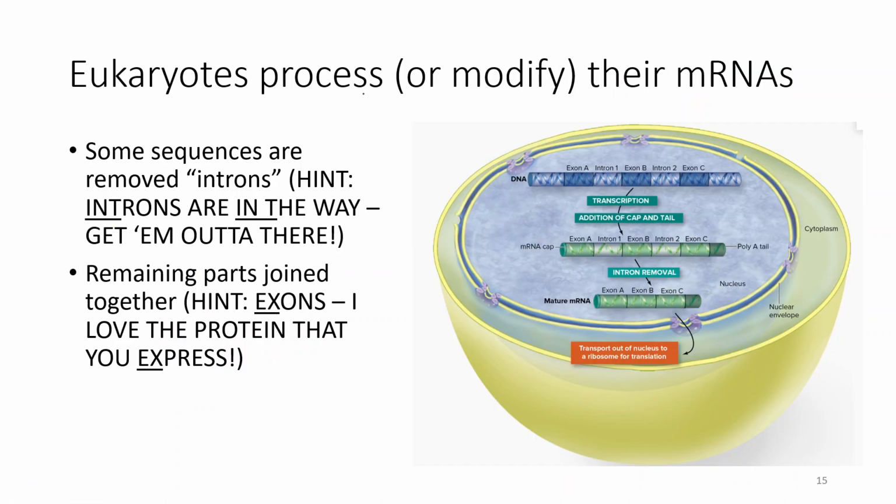Okay, in eukaryotes, we end up doing some RNA processing. This can also be called splicing. So what happens when we process mRNA is we are taking out some of the mRNA and leaving other parts. These two sections are called introns and exons. Now, introns are in the way, right?